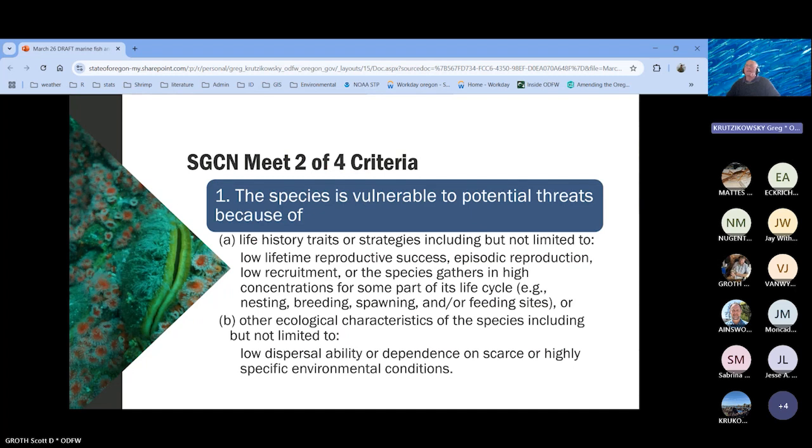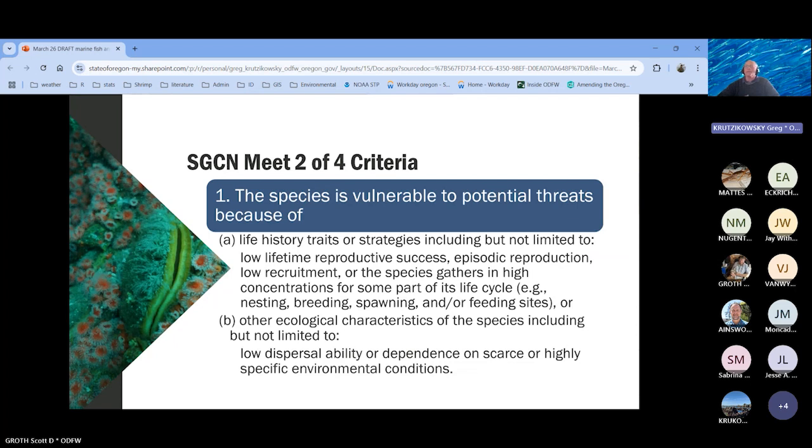Since today's focus is on our SGCN, I want to dig in even further into the language of each of the four criteria. And again, they had to meet two of these four. Criteria 1, broadly, is that a species is vulnerable to threats due to its life history, traits, or ecological characteristics.